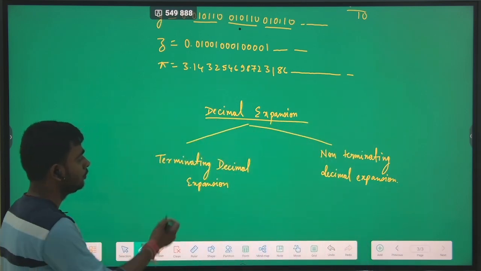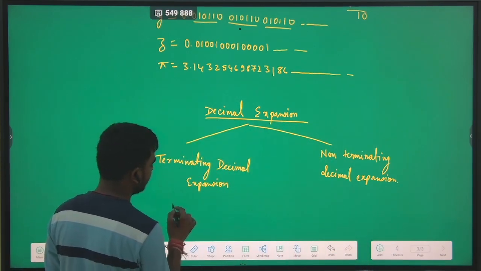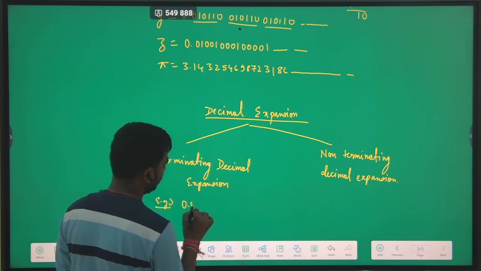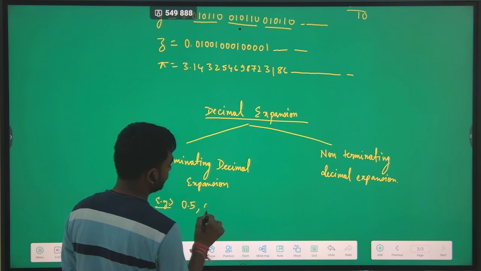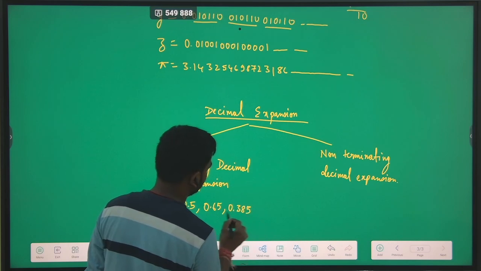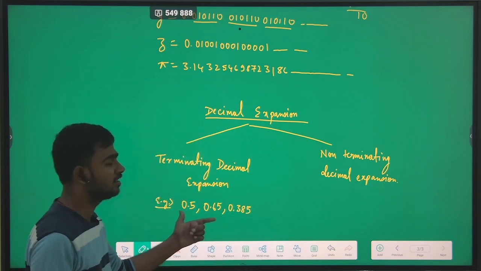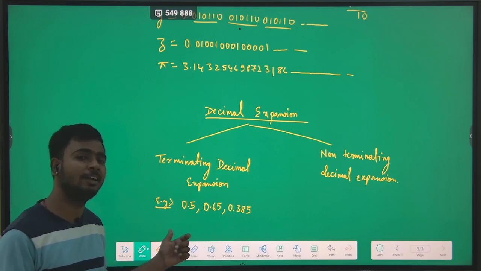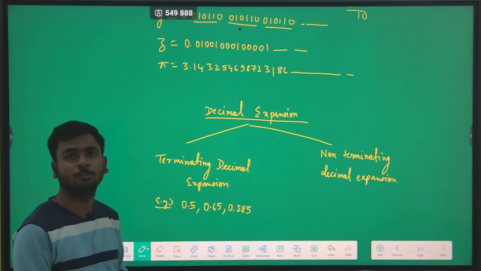So for terminating decimal expansion we have seen the examples as 1 by 2, that is 0.5. Let us suppose that 0.65, 0.385. So these are the numbers which are terminated after a certain interval of time after decimal point.